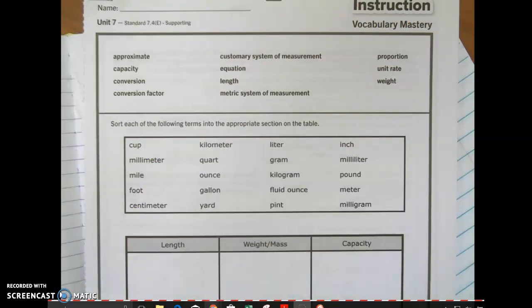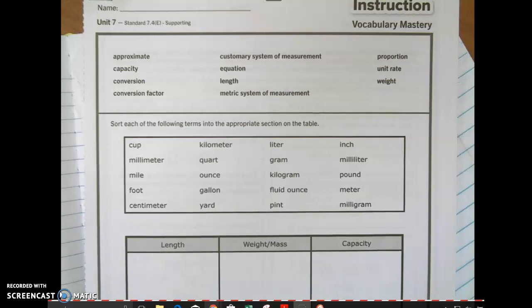A proportion is where two ratios or fractions are equivalent. Unit rate is how much it is for one. And weight is how heavy something is.